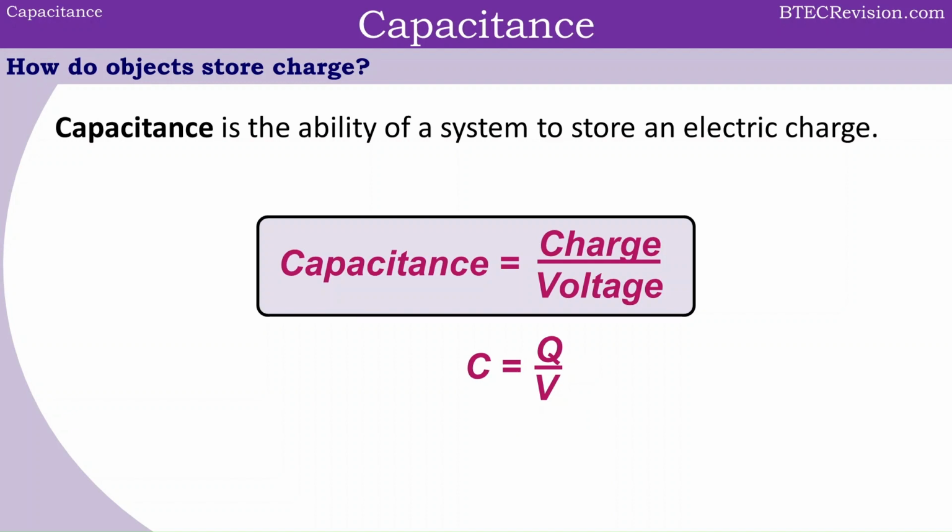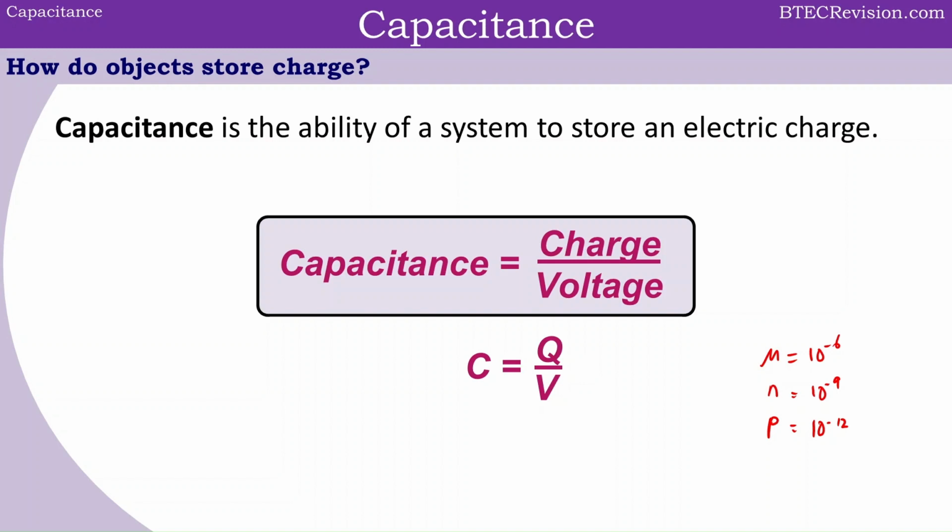Capacitance usually has the prefixes of micro, nano, and pico farads, where micro is 10 to the power of minus 6, nano is 10 to the power of minus 9, and pico is 10 to the power of minus 12.